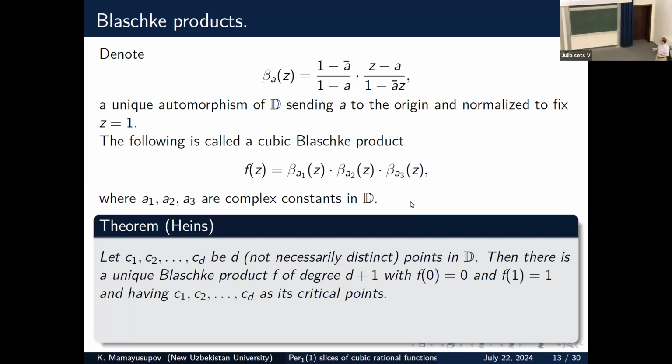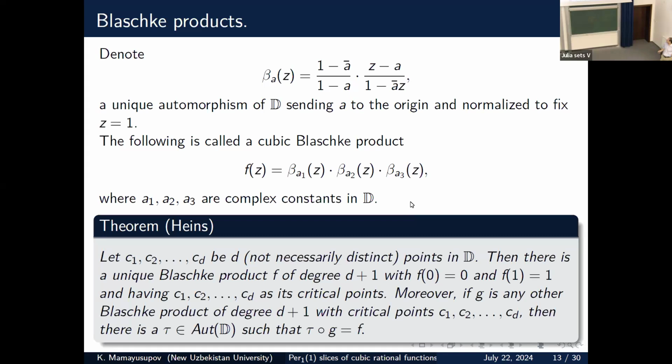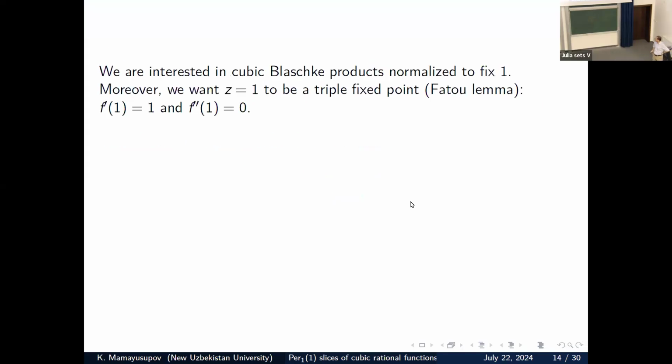Then it says there exists a unique Blaschke product of degree d plus 1, with normalization. You can keep the fixed point at 0, and then 1 is fixed. Then this Blaschke product has exactly those points as its critical points. So this is unique. If you have another one, then you can post-compose with another automorphism of the unit disk. So it's very important for us.